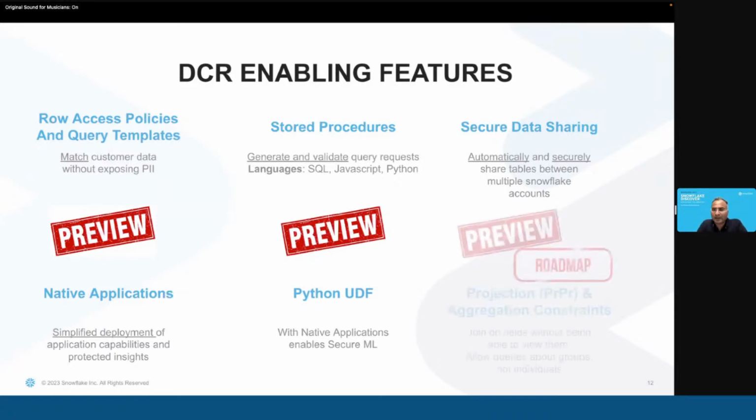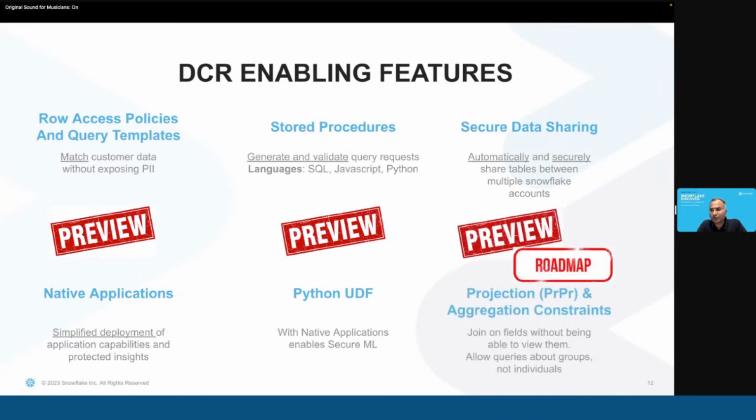And also we are going to introduce, which is in our roadmap, a way to join different fields without viewing them, so that you can implement more robust security with easy-to-implement steps.